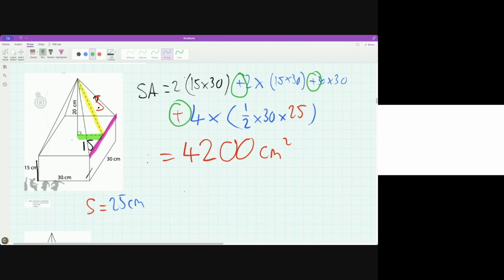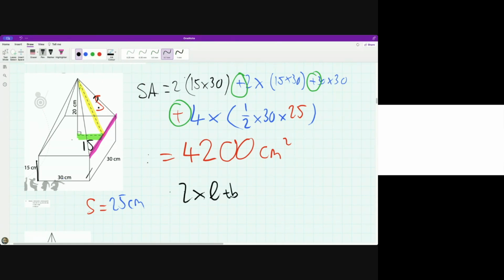Boucle, let's go to you. Hi, Boucle. Hello, sir. I just have a question. My formula for the area of a rectangular prism is 2 times L times B plus, in brackets, 2L plus 2B times the height.